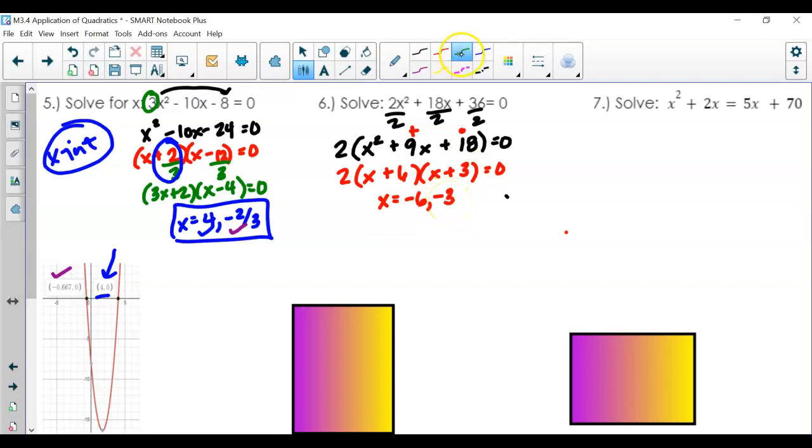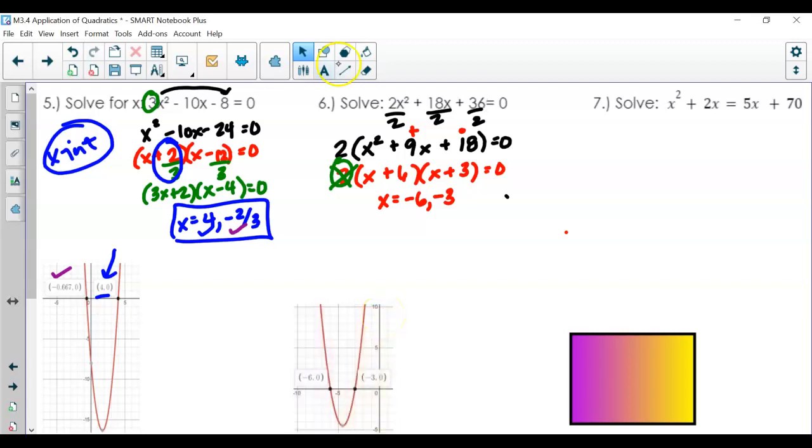Change the signs. And if you recall, the GCF cancels out because 2 will never equal 0. So now if you were to graph this in Desmos, if you need to, pause the video to graph, and let's see what the x-intercepts are. Notice how it matches. You get negative 6 and negative 3.